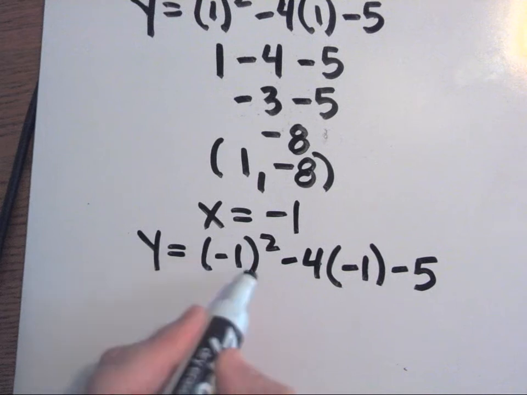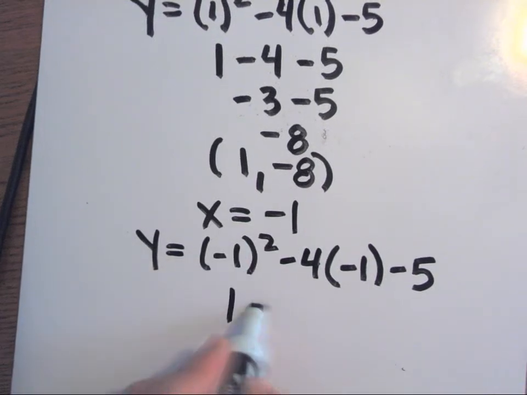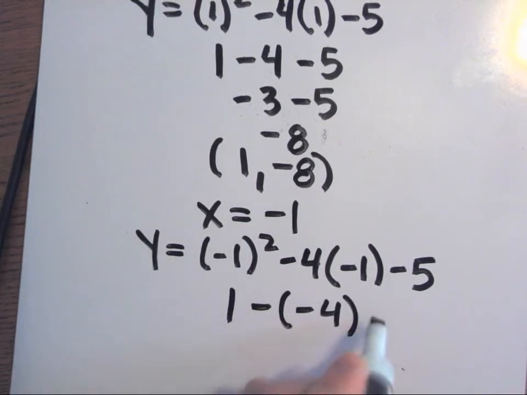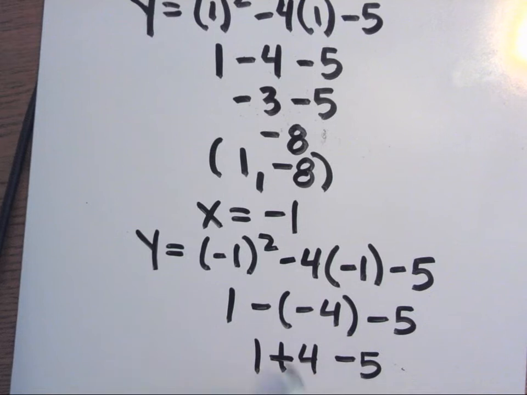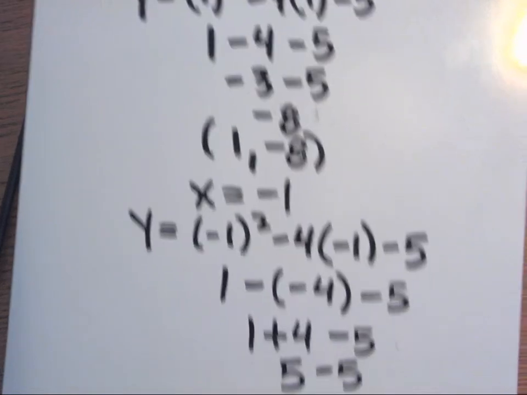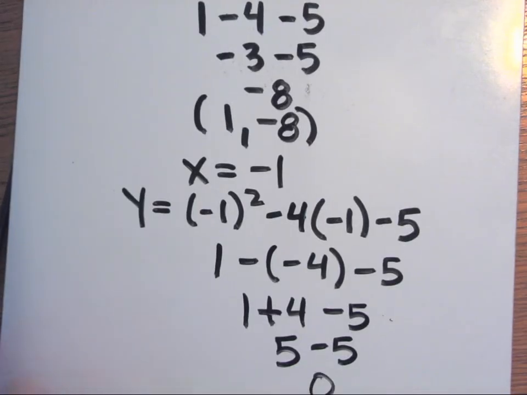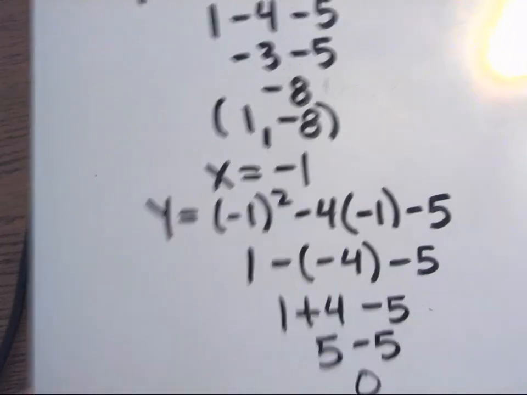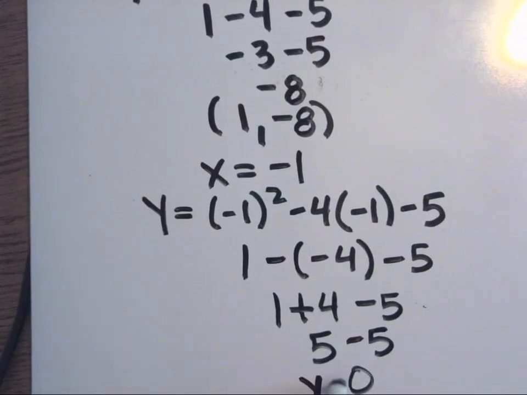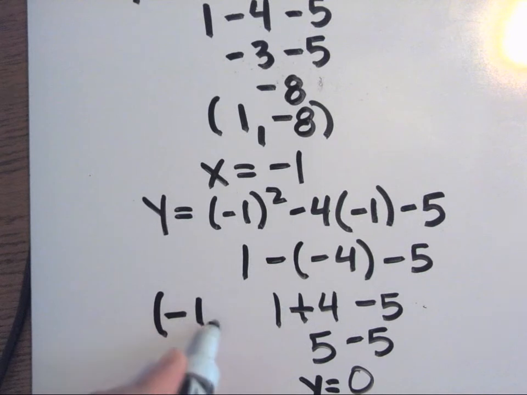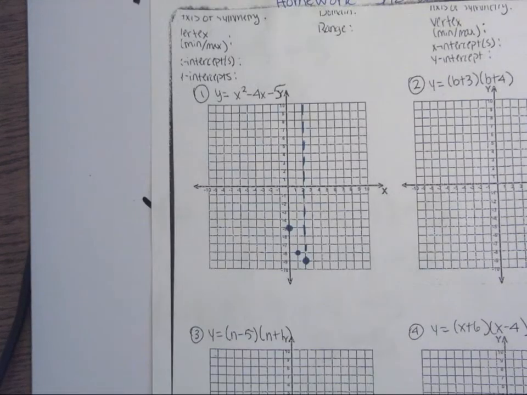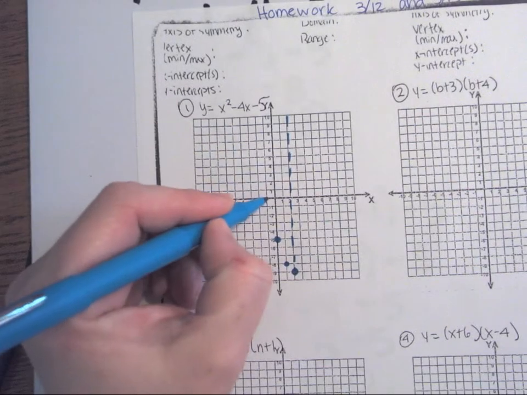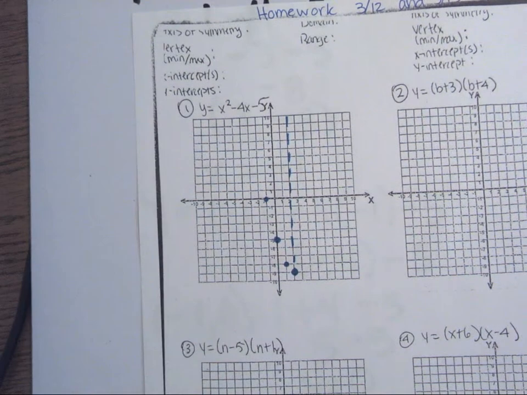Because the negative is inside the parentheses, that becomes a positive 1. Here I have a double negative, so it becomes a positive. So now I have the point of y equals 0. So I have the point negative 1 comma 0, and I will plot that as well. So negative 1, 0.